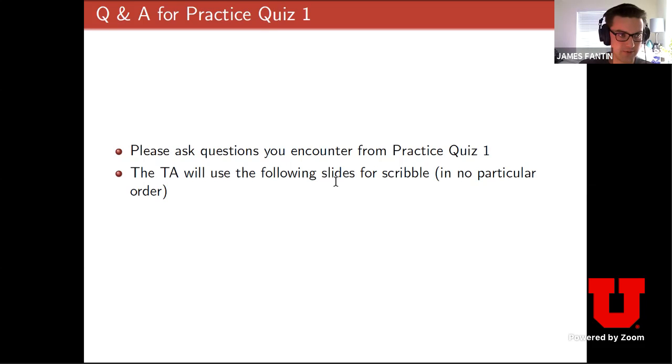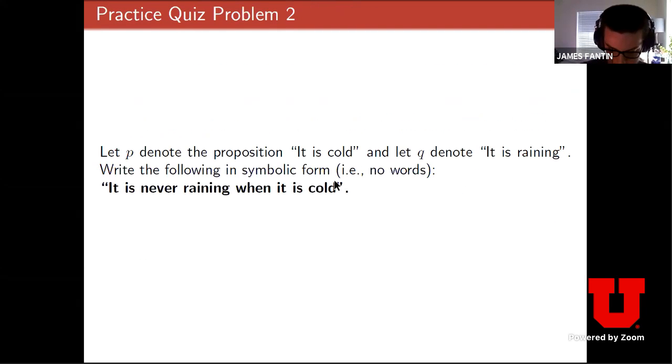Okay, so it looks like we have one for problem 7. Any others people want to throw in chat? Okay, so we'll just go ahead and start with practice problem 7.